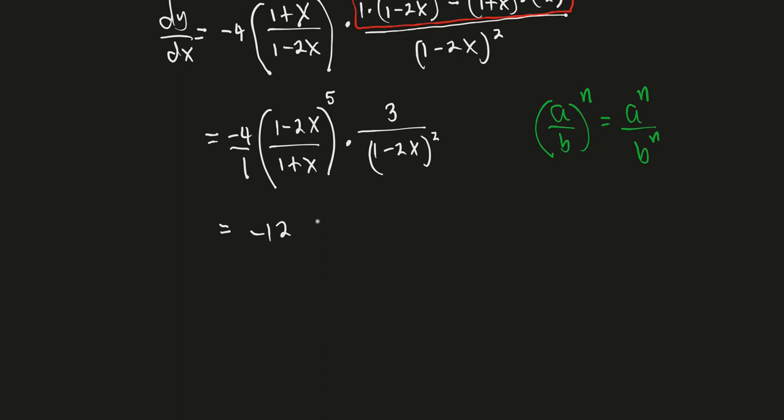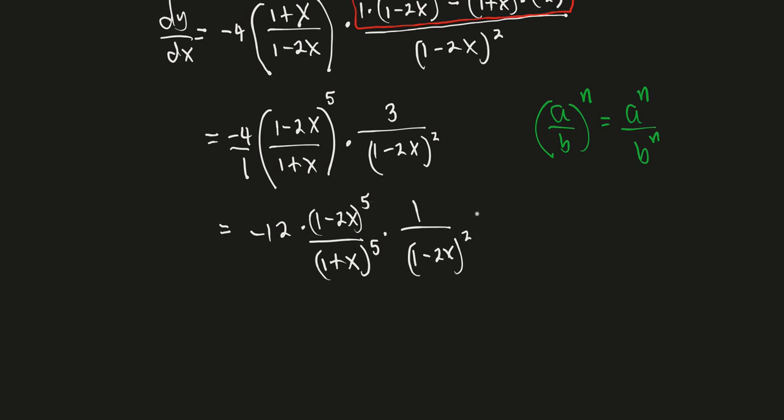So this is the same as 1 minus 2x to the 5th power over 1 plus x to the 5th power. I already multiplied the negative 4 and the 3, so there's now just a 1 there. But then in the denominator, I still have 1 minus 2x to the 2nd power. But if you notice, in this numerator, I have the same 1 minus 2x. It's just raised to a different power.